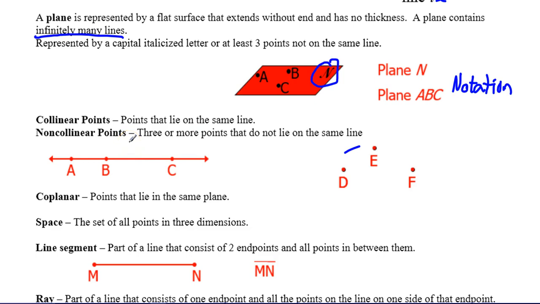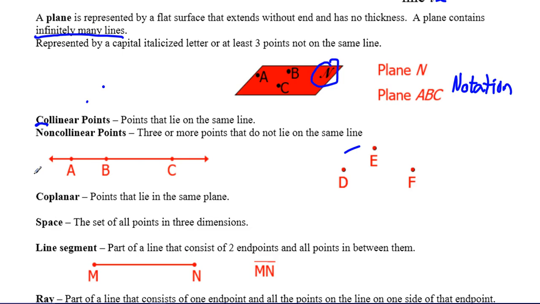Next part here is collinear points. Collinear points are points that lie on the same line. And let's think about just this prefix co here for a second. Cohabitate means live in the same place. Coexist, we all exist together. So collinear means points that are on the same line.